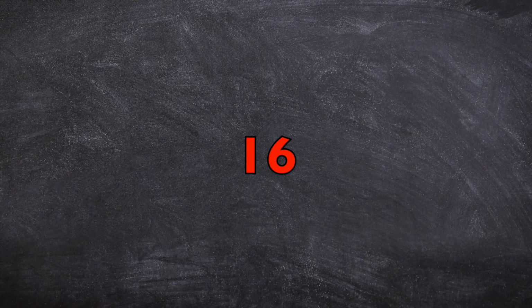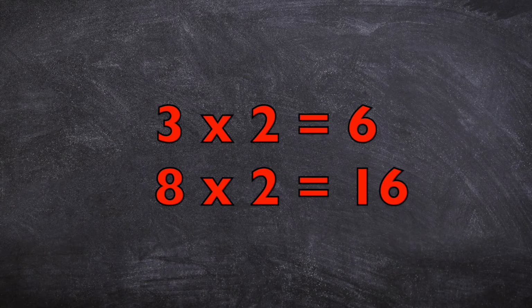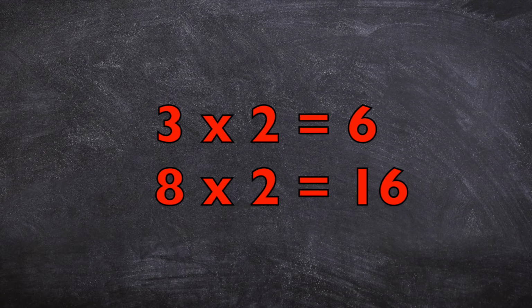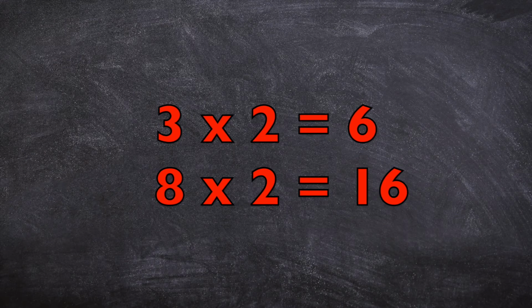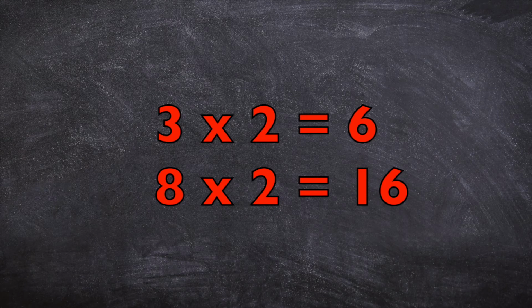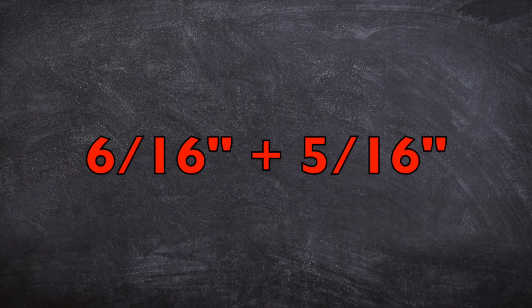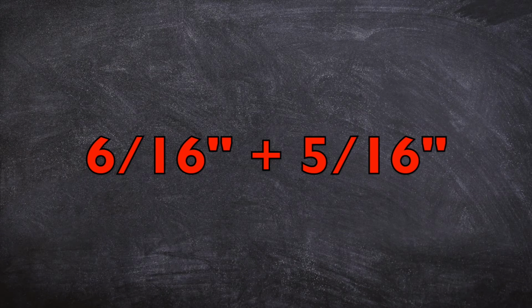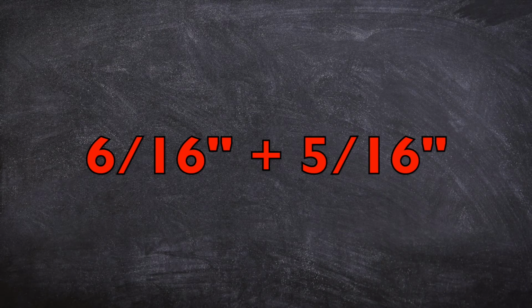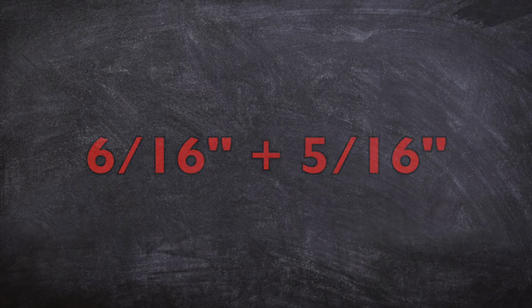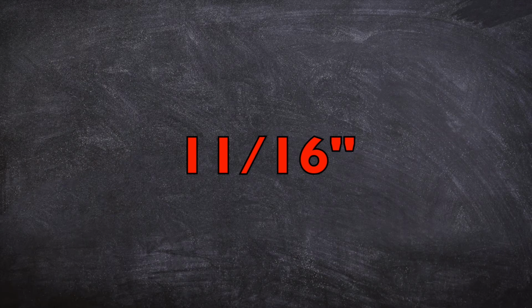And we do that by multiplying the denominator of 8 by 2 to get 16. We would also have to multiply the numerator of 3 by 2, which would equal 6. In dealing with just the fractions, 6/16 of the 6 3/8 inch value plus 5/16 of the 4 5/16 inches value equals 11/16.